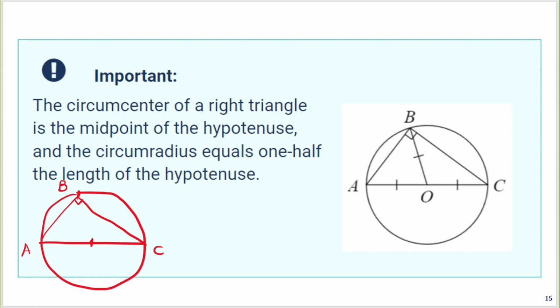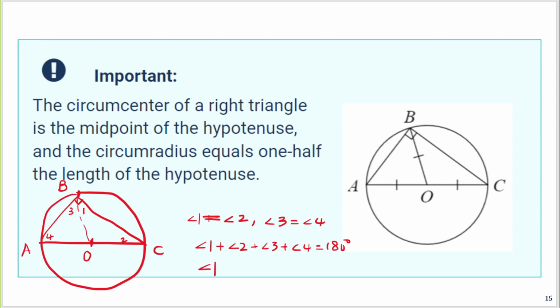Why is that? Because if you connect B and O, let's call this angle number 1, angle number 2, angle number 3, and angle number 4, right? Because we have angle 1 equals angle 2 and angle 3 equals angle 4, right? And we also know that angles 1 plus 2 plus 3 plus 4 equal 180 degrees.